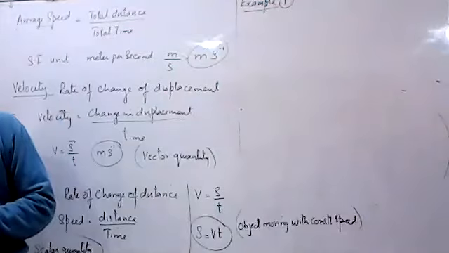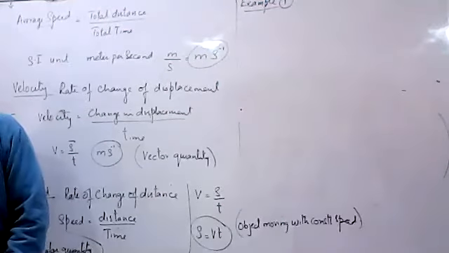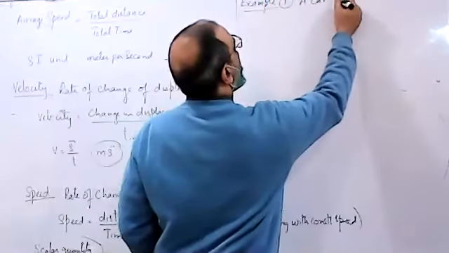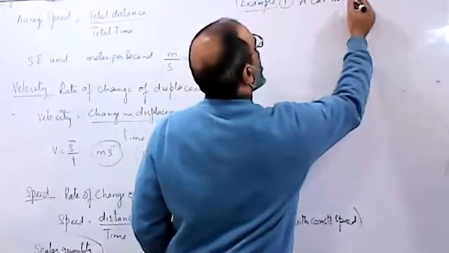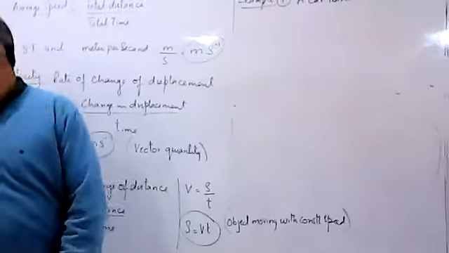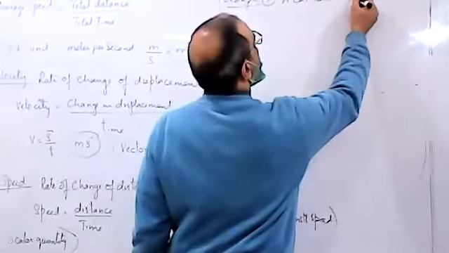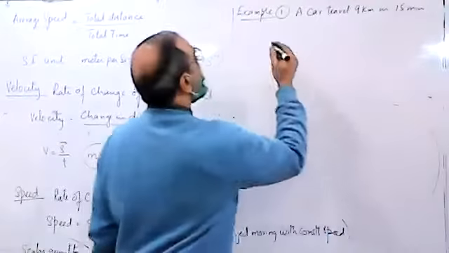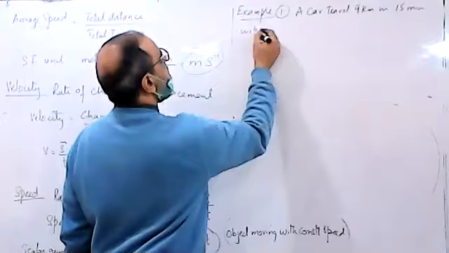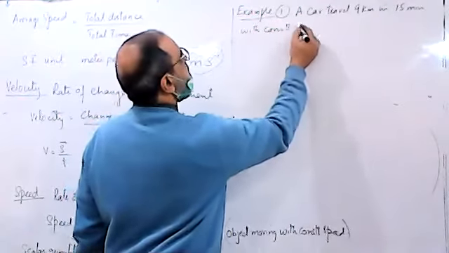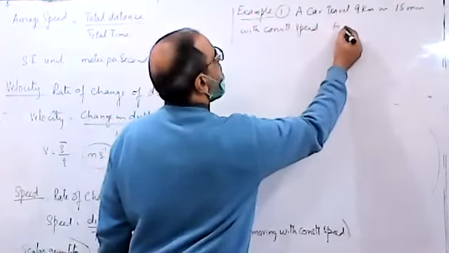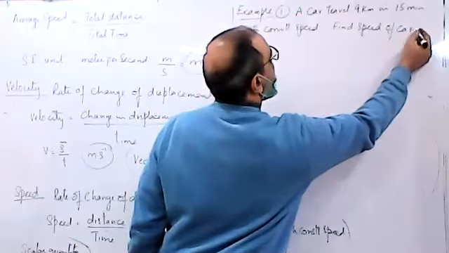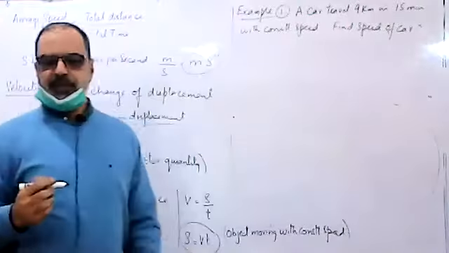Suppose a car travels 9 km in 15 minutes with constant speed. I have to find the speed of the car.